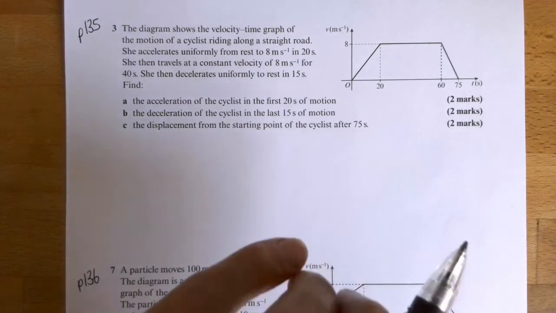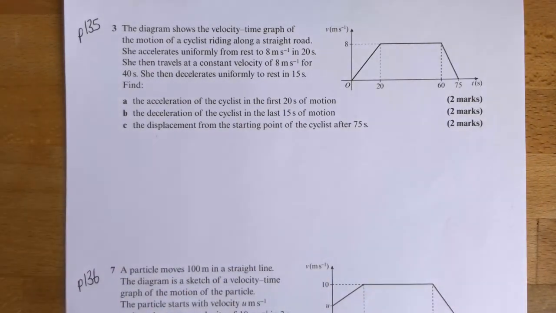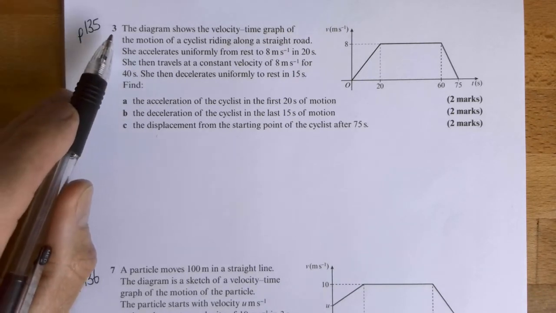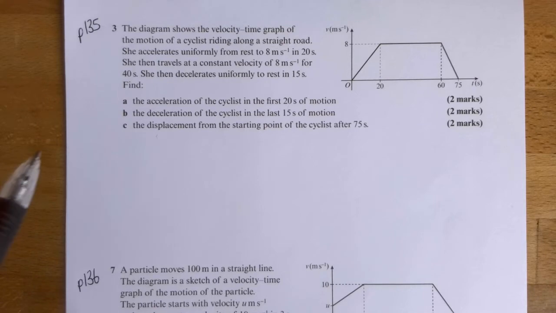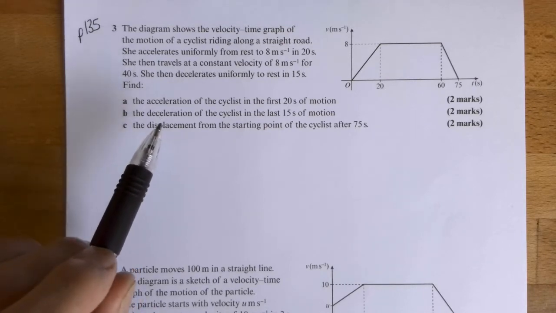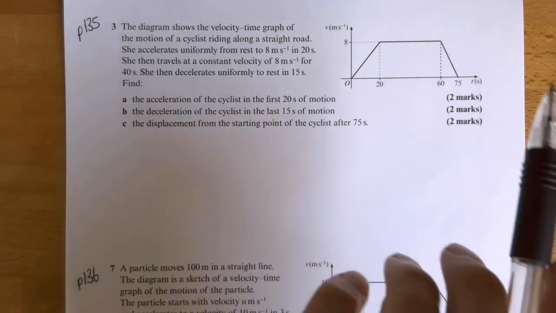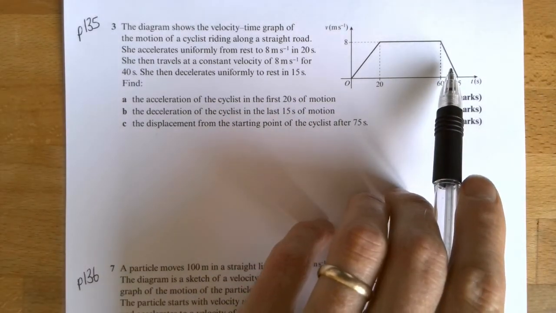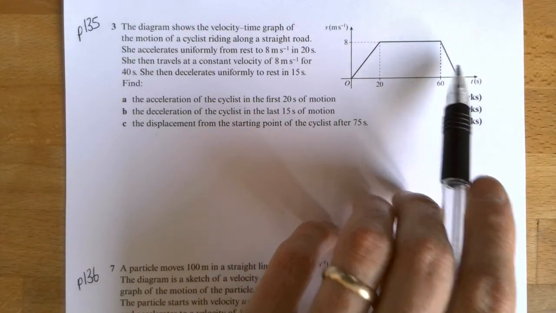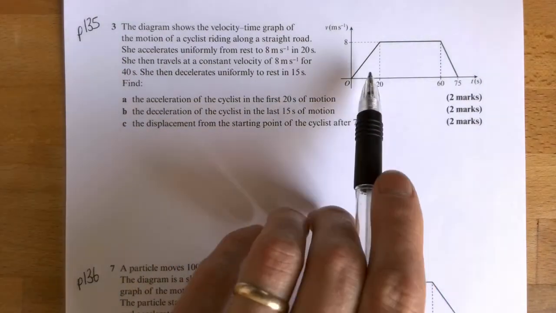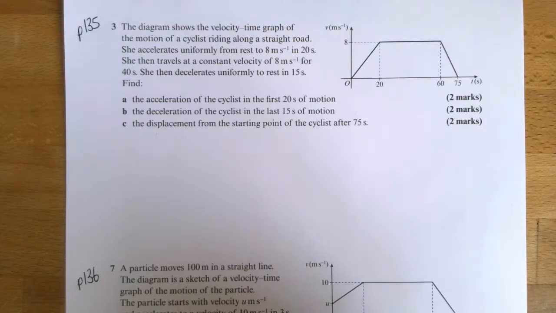And you may remember answering questions like this. So I think it's good just to start by having a go at page 135, question 3. The acceleration of the cyclist in the first 20 seconds, so that's the gradient of this line. And the deceleration, that's the gradient of this line, so that'll be negative. And the displacement after 75 seconds, well, that's the area under that shape in total.